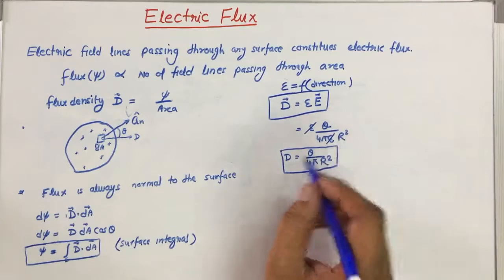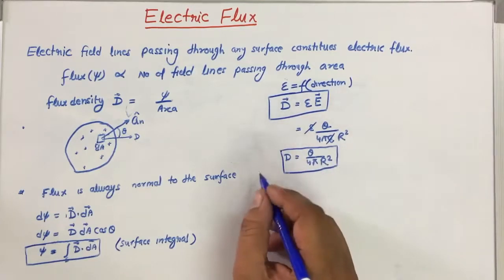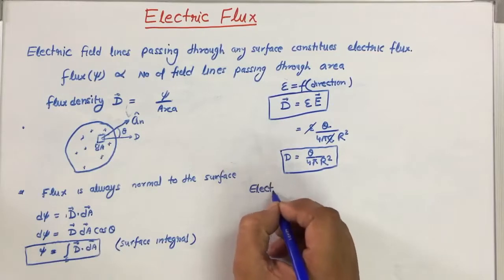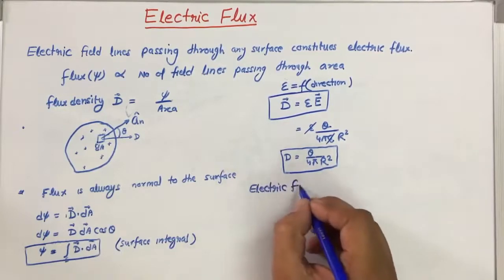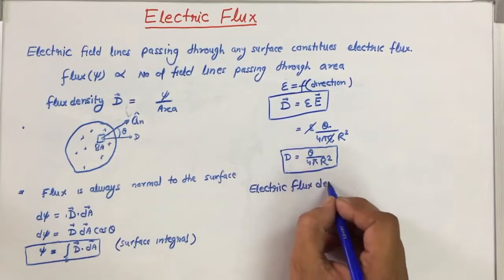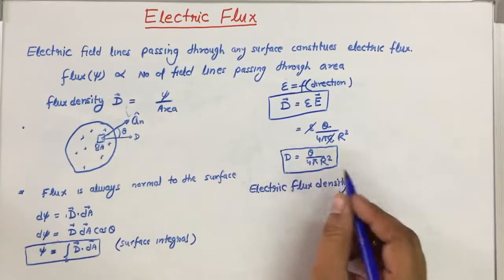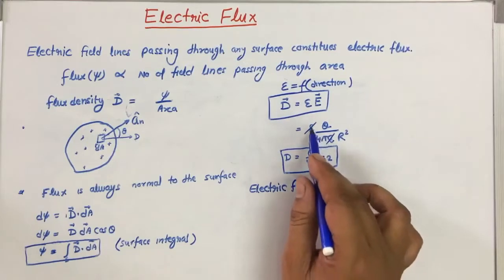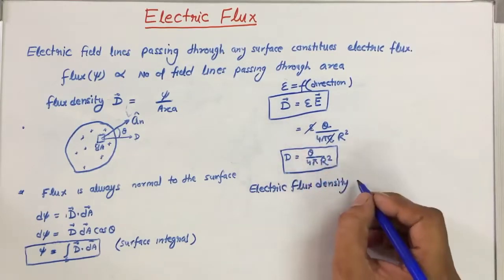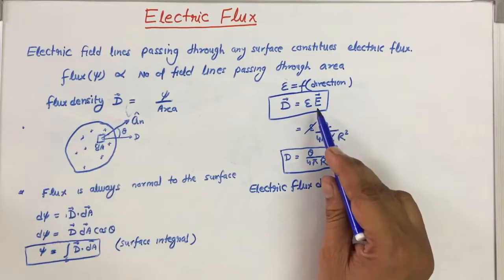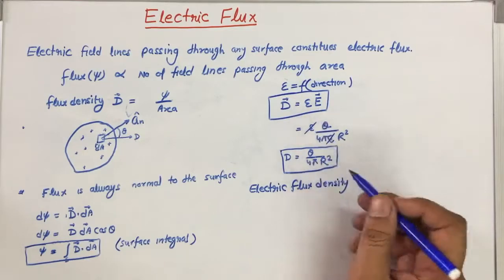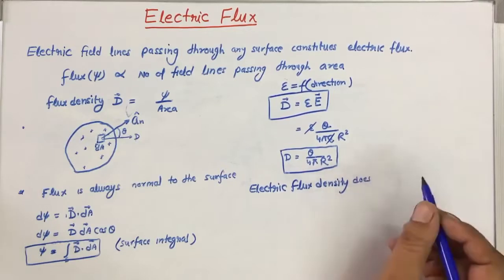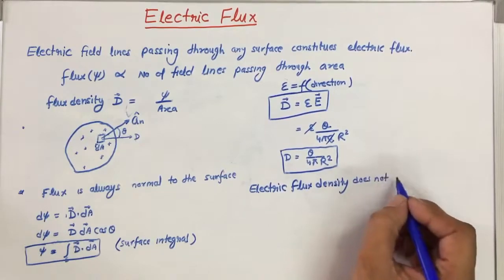What we can say is that the electric flux density does not depend on the medium, because it is free from the medium. However, the electric field does, but the density does not.